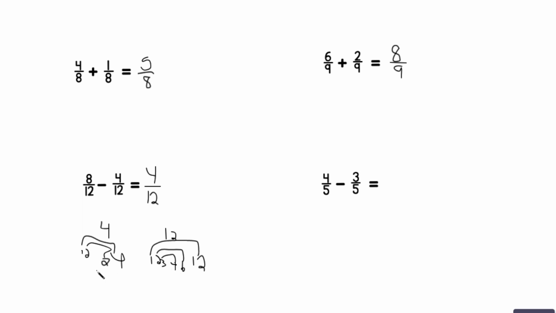All right, so now we look at our common factors. We have 1 and 1, we have 2 and 2, and we have 4 and 4. So what is our common factor that's going to be our greatest common factor? We have 4. So we are going to now divide 4/12 by 4.